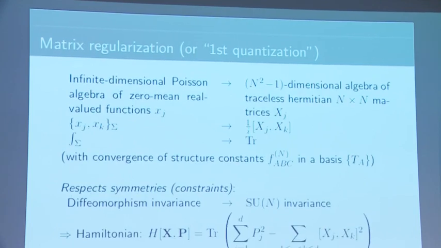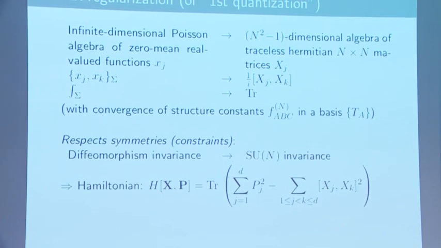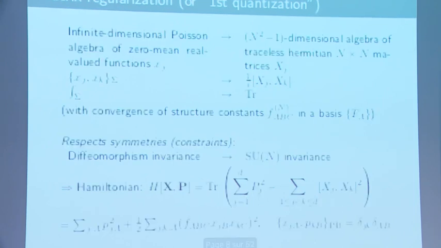So we have then the Hamiltonian, which we have seen is now a trace over the momentum side of the matrices squared, and then you have the commutator squared over all the pairs of the matrices.